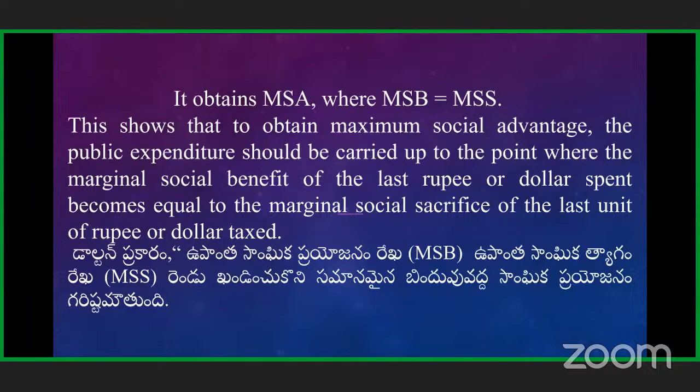This maximum social advantage point shows that to obtain maximum social advantage, the public expenditure should be carried up to the point where the marginal social benefit of the last rupee spent becomes equal to the marginal social sacrifice of the last rupee paid as taxes.